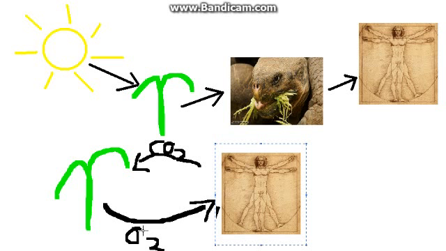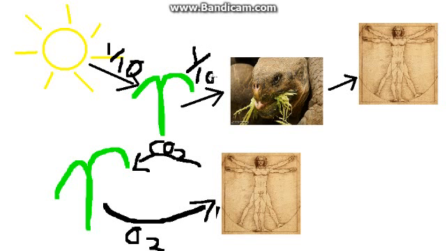Another thing to note, every cycle, 9/10 of energy is lost. Only 1/10 makes it onto the next animal. So by the time it gets to the first animal, there'll only be 1/10 of the energy available.